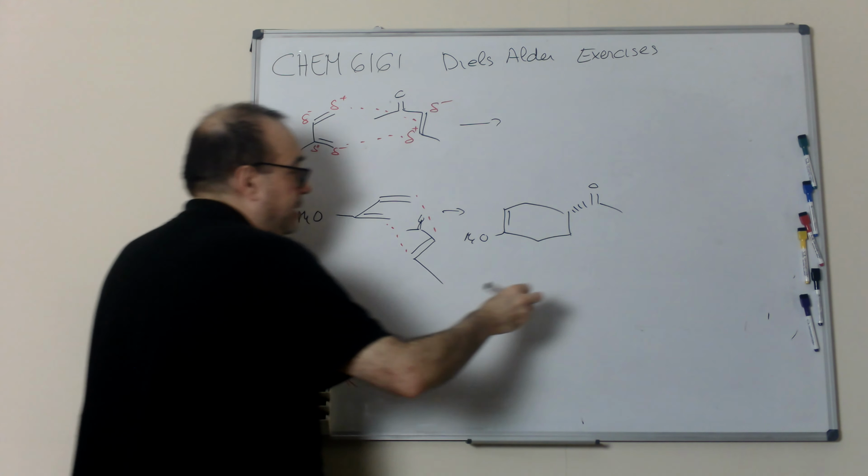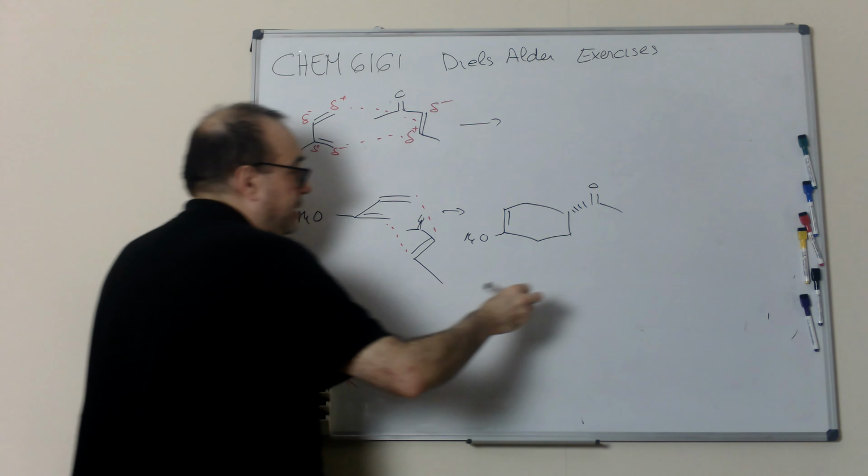Remember that this is a mixture of stereoisomers. That means if you get this, because your approach has been from the top, you will get this compound. Okay? You will get the enantiomer. Good.